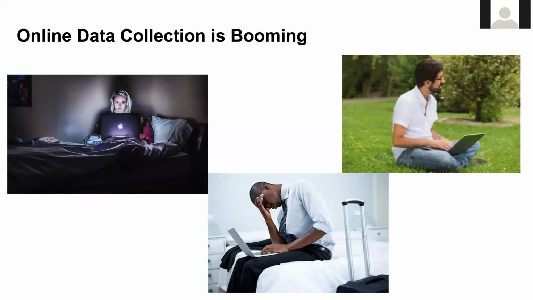Individuals can do experiments in the park as long as they're maintaining social distancing norms. And I don't know what this person at the bottom is doing, but he looks very distraught. He might have done an EEG, or maybe an fMRI, and he's really, really upset.